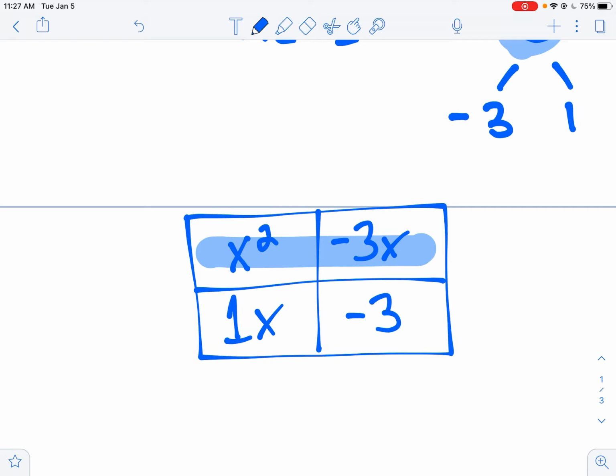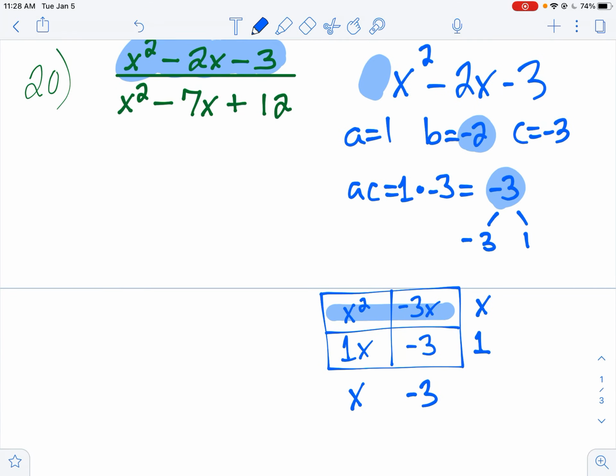X squared and negative 3x, common factor is x. 1x minus 3, the only common factor I can find is positive 1. X squared and 1x, again, x is the common factor. Negative 3 and negative 3x, common factor is negative 3. So I can factor that polynomial now as x minus 3 and x plus 1.